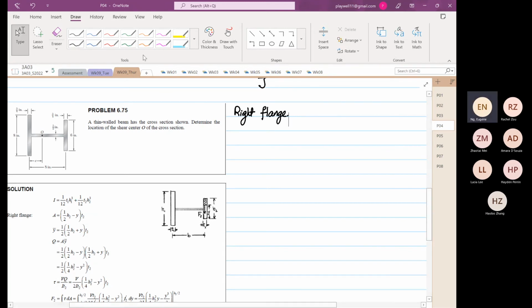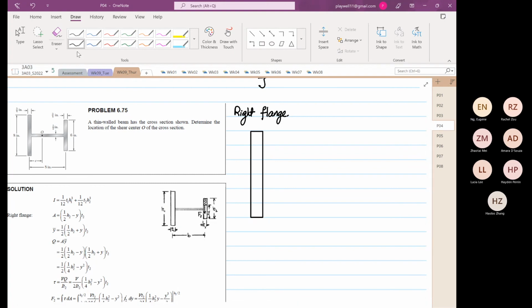But let's focus on the right flange, like what I taught you before. So you have a vertical line. Then we know that the green is our centroid, right?